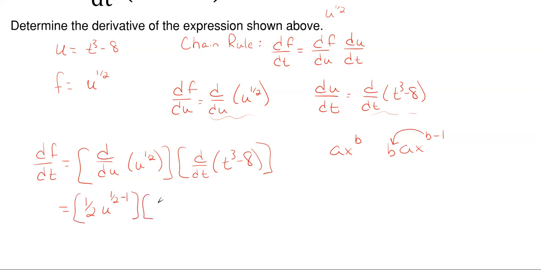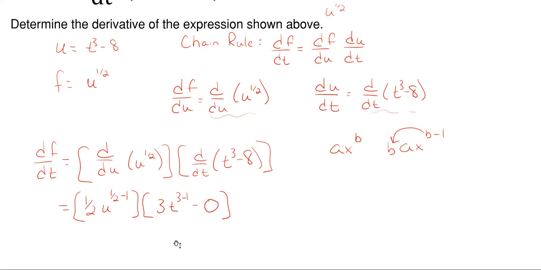And that would be our first portion. We'll simplify that later. And then the second portion, repeat the process. We're going with respect to t now. So we take the power, drop it down in front, have our variable t, and then our power minus 1. And whenever you have a constant and you're taking a derivative of a constant that does not have the variable attached to it, that will turn to 0. So 8 becomes 0.